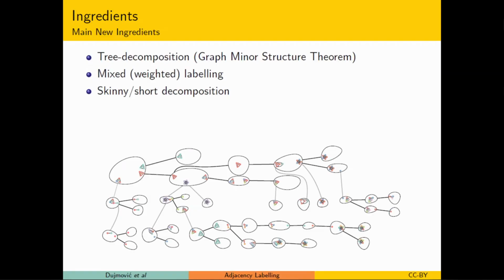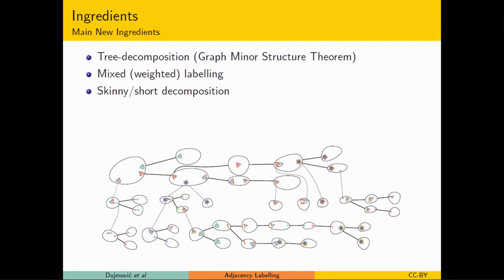And so I won't give you the definition of tree decomposition, except to point out a couple of things. It covers the vertices of your graph with bags. And it has this property that if two vertices are adjacent, there must be some bag that contains them together.